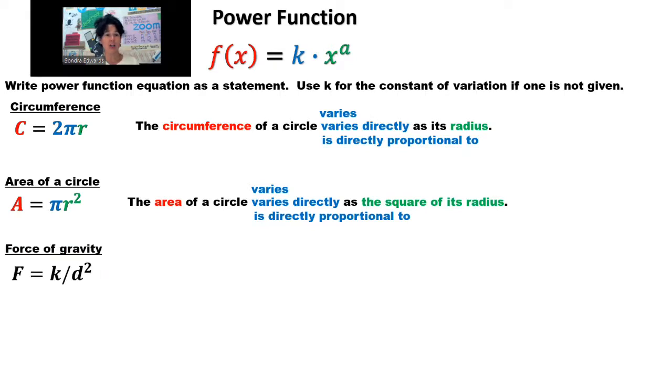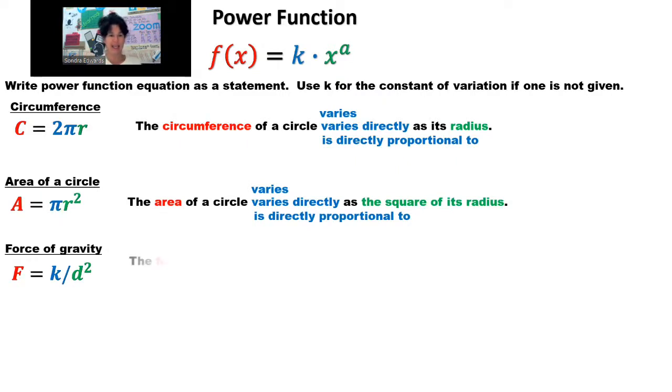Now let's take a look at one where we see divided by. Notice we have k divided by. Now just a moment ago, I reminded you that k divided by can be replaced with the words varies inversely, or is inversely proportional to.